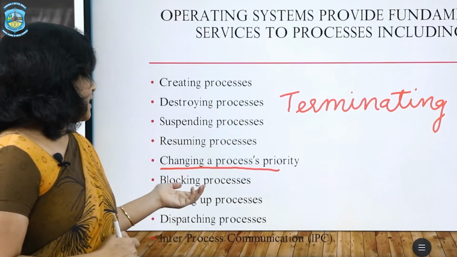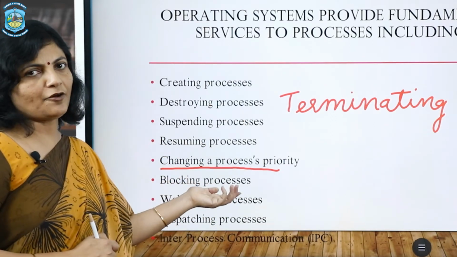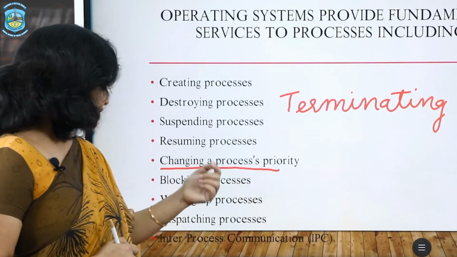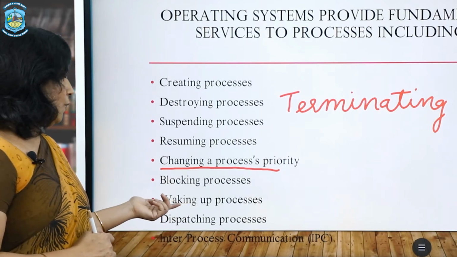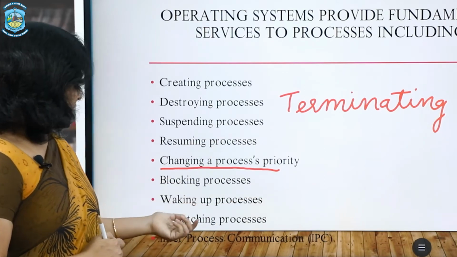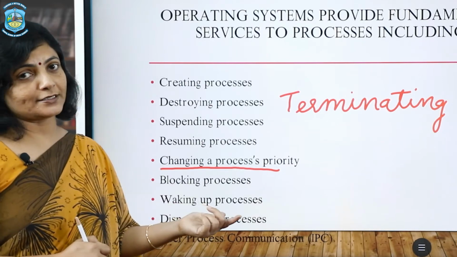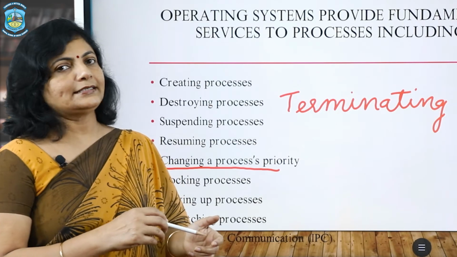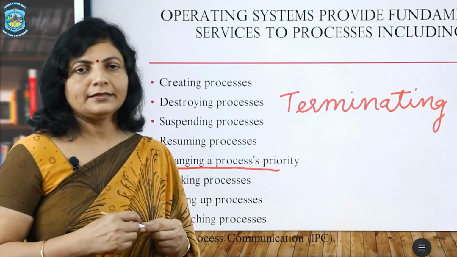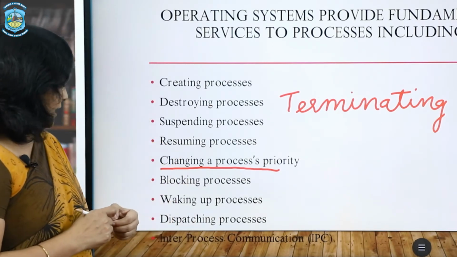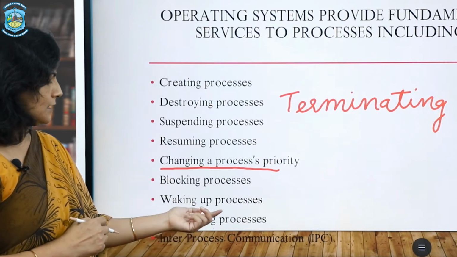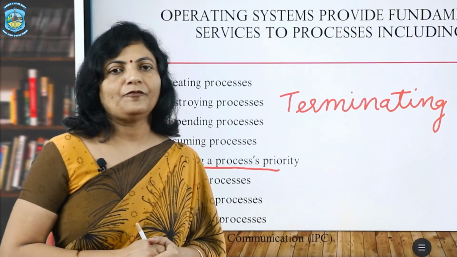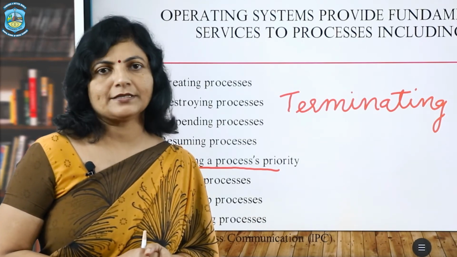The operating system blocks the processes which await some events that need to occur. It wakes up the processes, dispatching of processes which are there in the ready queue, and they are sent for execution in the processor. It also allows inter-process communication between or amongst the processes which are competing for the processor.